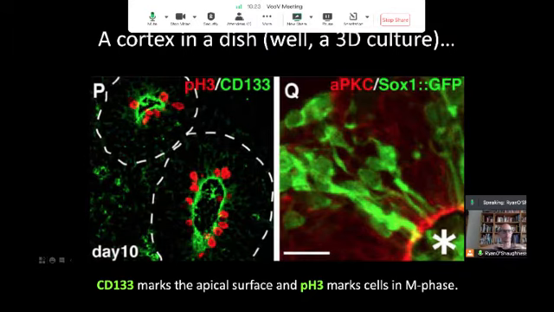So not only do we form cells that are similar to brain, we also form structures that are similar to the brain. And this is what's really important about using organoids, is that the organoids recapitulate, that is, reform or model the structure of the particular organ we're interested in.